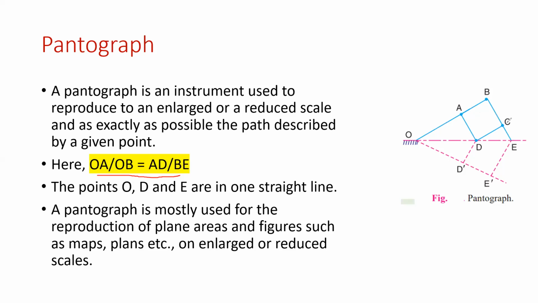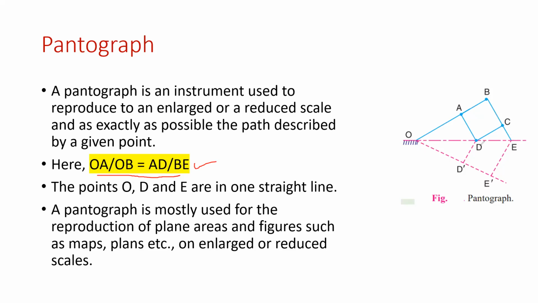So you will understand how far you have to extend the link BC to get the point E. Obviously if you maintain this ratio, whatever triangles are there, like triangle OAD and triangle OBE, they become similar triangles.